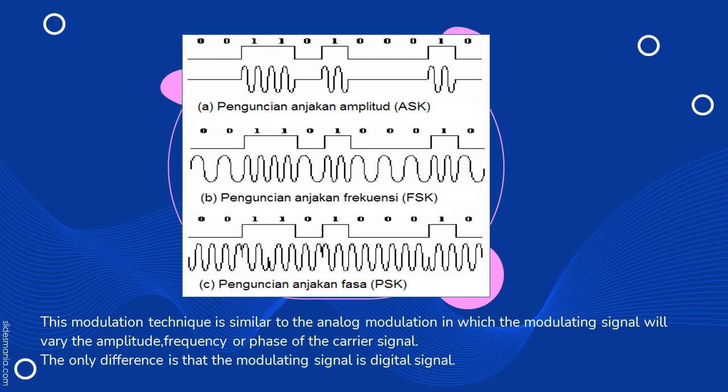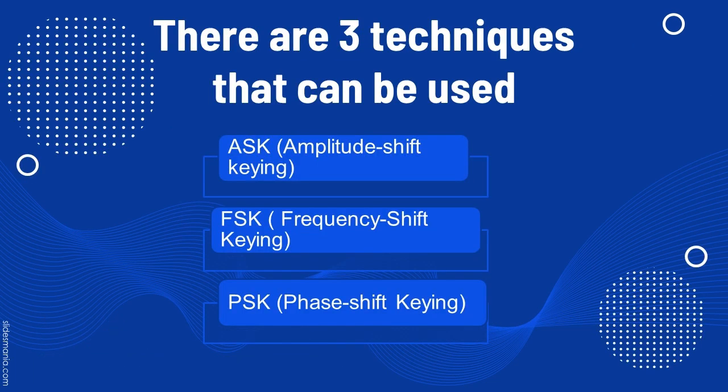The only difference is that the modulating signal is digital. There are three techniques that can be used, like what I said: ASK, amplitude shift keying, FSK, frequency shift keying, and PSK, phase shift keying.